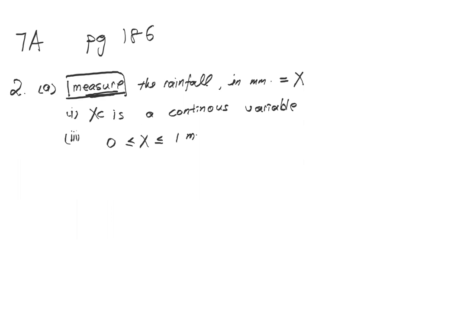Because if you say turn on and off, how many times am I supposed to turn? Or you say the switch will fail after maybe 10 times, 20 times, 30 times. So your variable will be the number of times that you turn on and off the switch. That will be a discrete variable. So part C of question 2 is not a very good way of stating a variable.